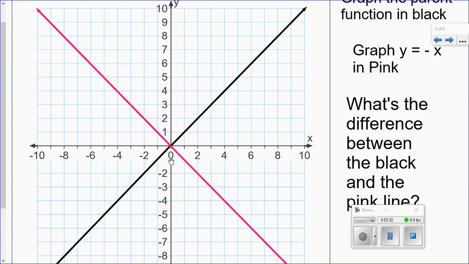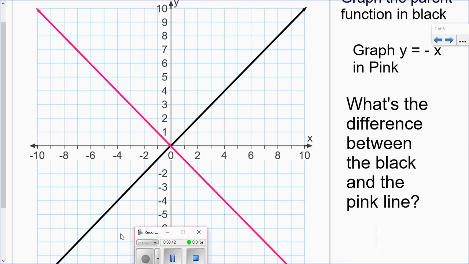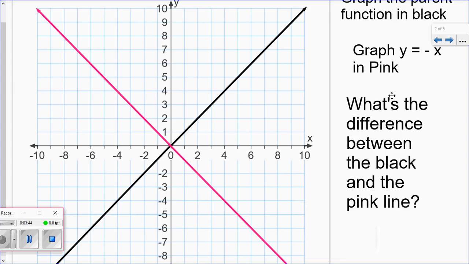So the lines are very similar. They're still perfect diagonals. They're still lines, but the difference is that while a parent function is a positive slope, this one's a negative, and this is actually a reflection of the parent function. So it got flipped, okay?